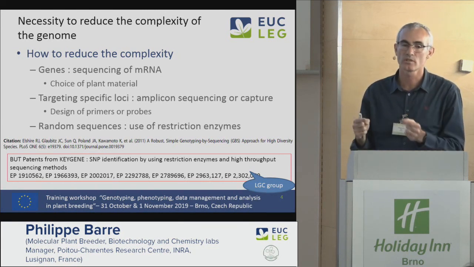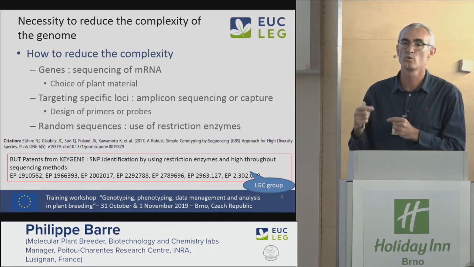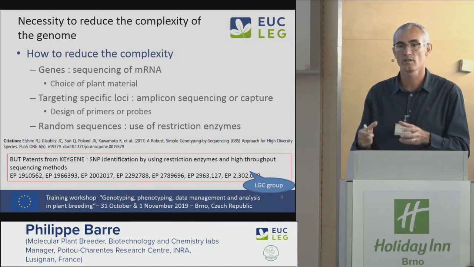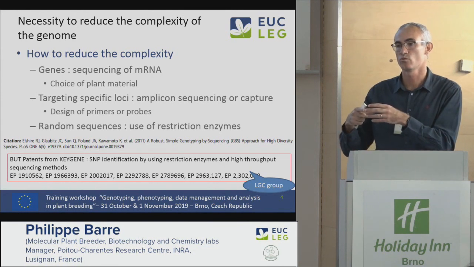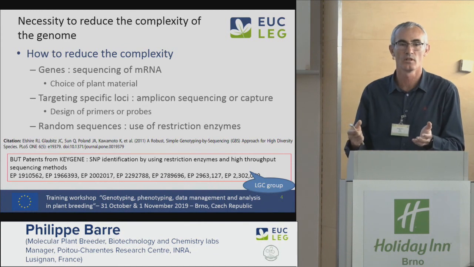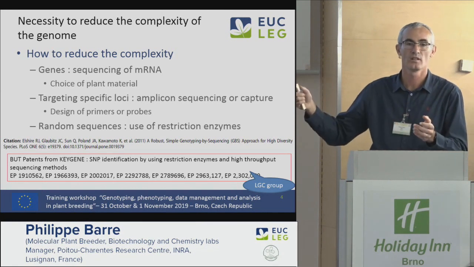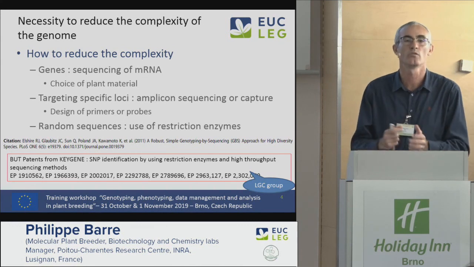So it's important, before starting that, to get good information on the variability you have in your species, and especially the variability you want to survey in your breeding program, for example. If you use primers from a different study, maybe half of them won't work in your own study.